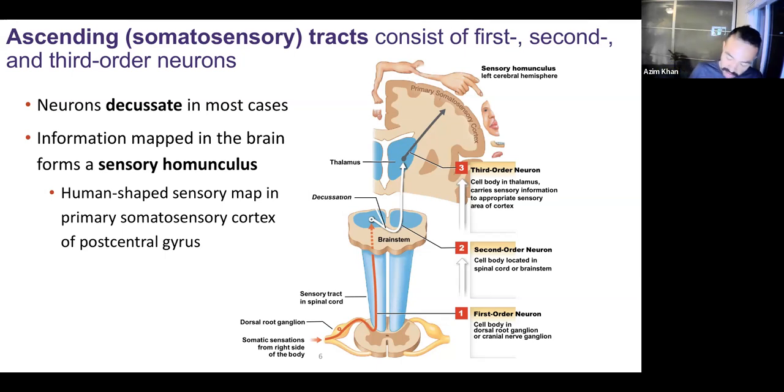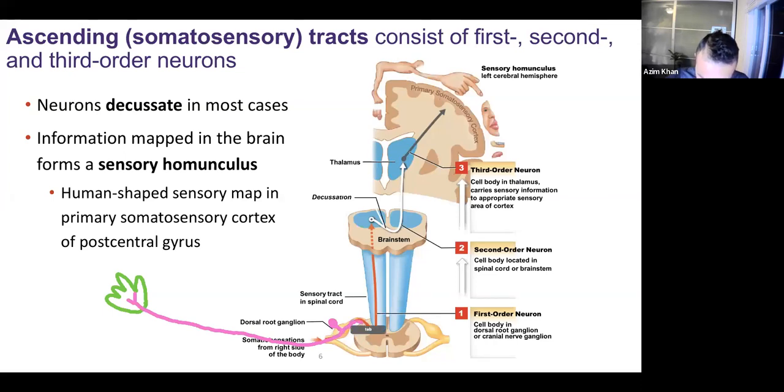Let me draw something over here. Let's say we have a hand. Ooh, it's a Simpsons hand, 4 fingers. Okay, here's our hand. We sense something from our hand. See how I've drawn dendrites? I'm drawing a pseudo-unipolar neuron. Cell body off to the side in the dorsal root ganglion.